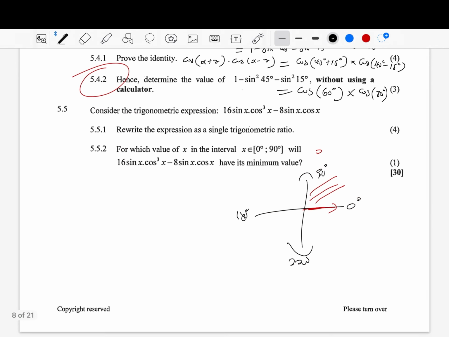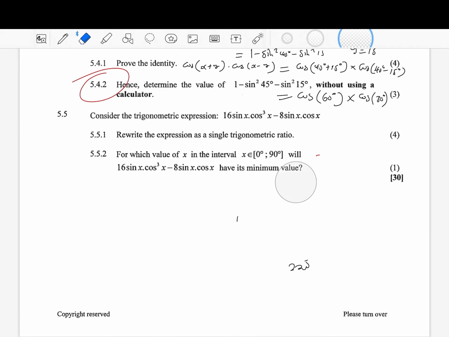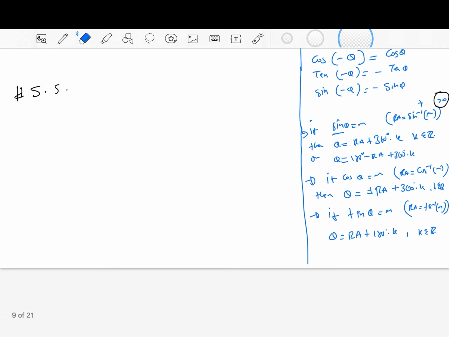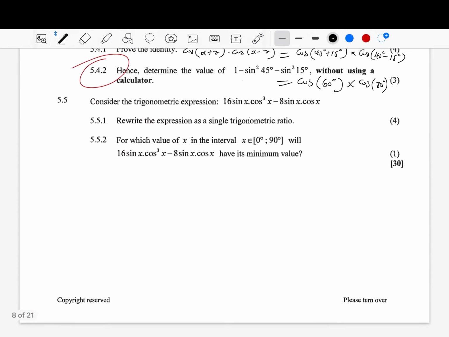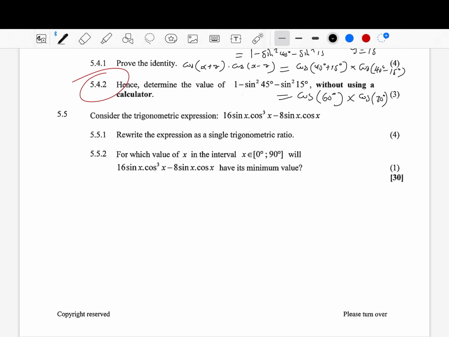So 5.5.2. Almost there, people. Let me rub this off. Okay, I don't want you to see my notes. So 5.5.2, for which values of x in the interval, and x is between 0 and 90 degrees. My notes were telling us that we have 0 degrees, 90 degrees, 180 and 270.